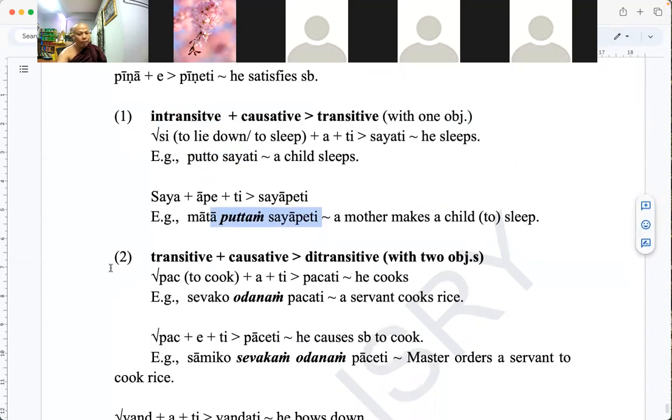The same way, originally transitive, but joined with the causative, it needs two objects. Originally it needs one object, but with the causative it needs two objects, like odanaṃ pācāpeti and then sivakaṃ odanaṃ pācāpeti. So in this way, that is the way of usage of the causative verb.